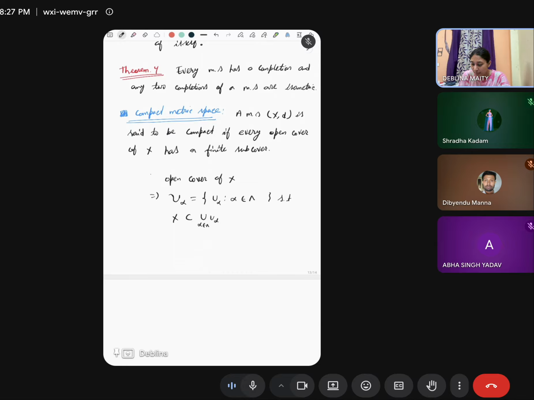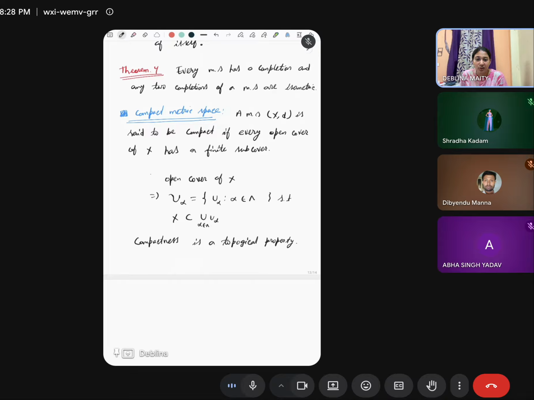So you see that the definition of compactness depends on open covers, which depend on open sets, and open sets generate the topology. So compactness is a topological property, right?